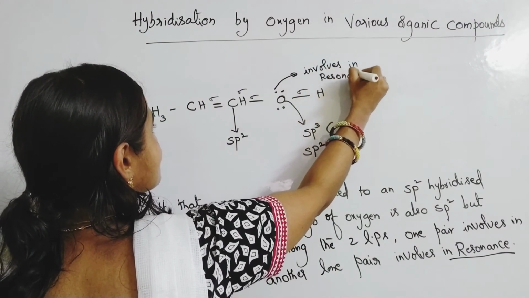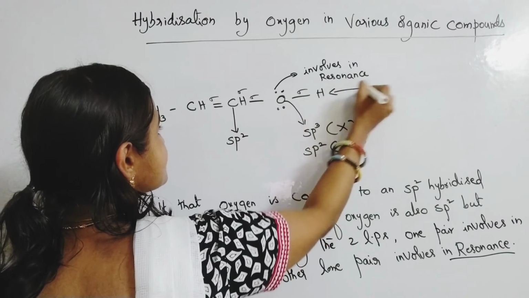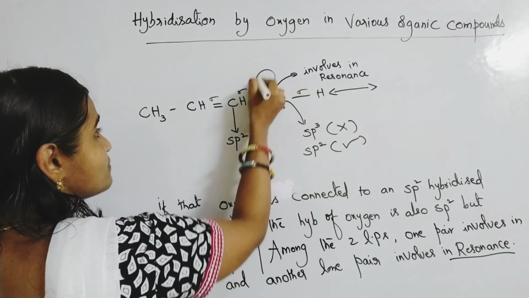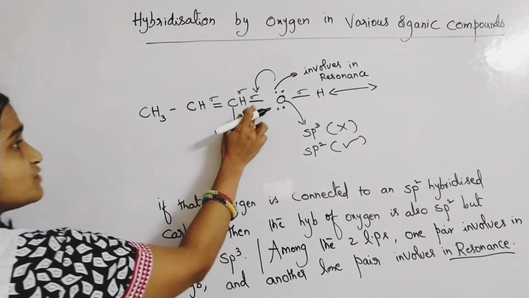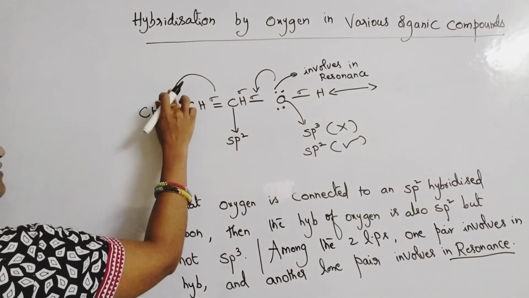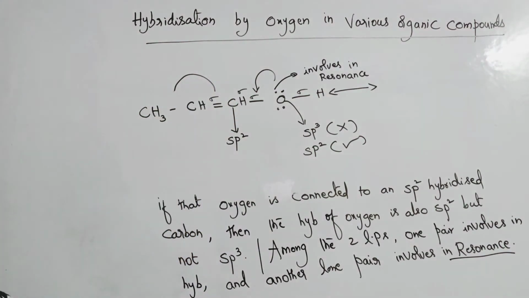After resonance, how does the structure look? This pair of electrons gets shifted to here, and this pair of electrons gets shifted to the next coming area.